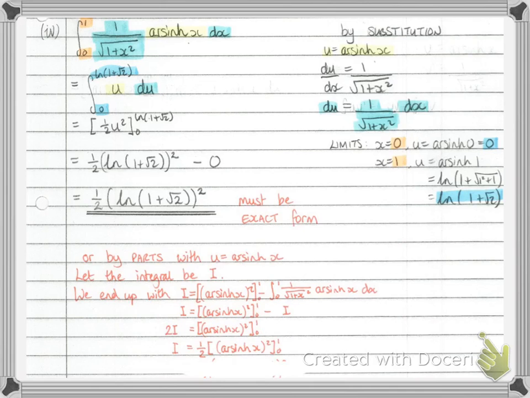So to get the integral we're looking for, it's a half of that, and then when we substitute in the values, we get a half log of 1 plus root 2 all squared, the same as before. You might want to pause the video to check that and actually try out the whole parts thing yourself. Some people don't even bother to write out the parts, it just kind of seems obvious. But given that there's a few marks here, you might as well show some working to make it clear what you're doing.